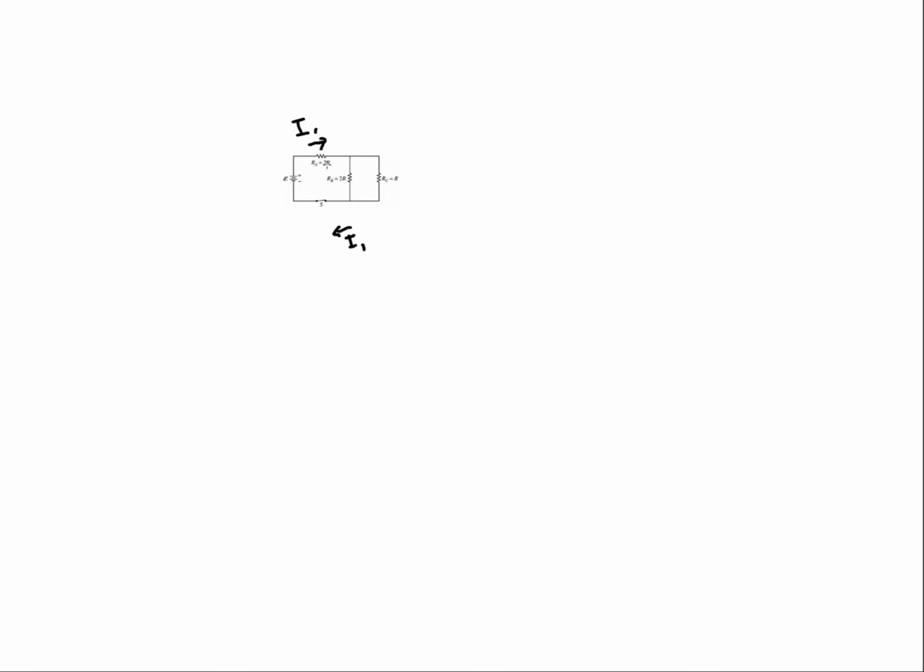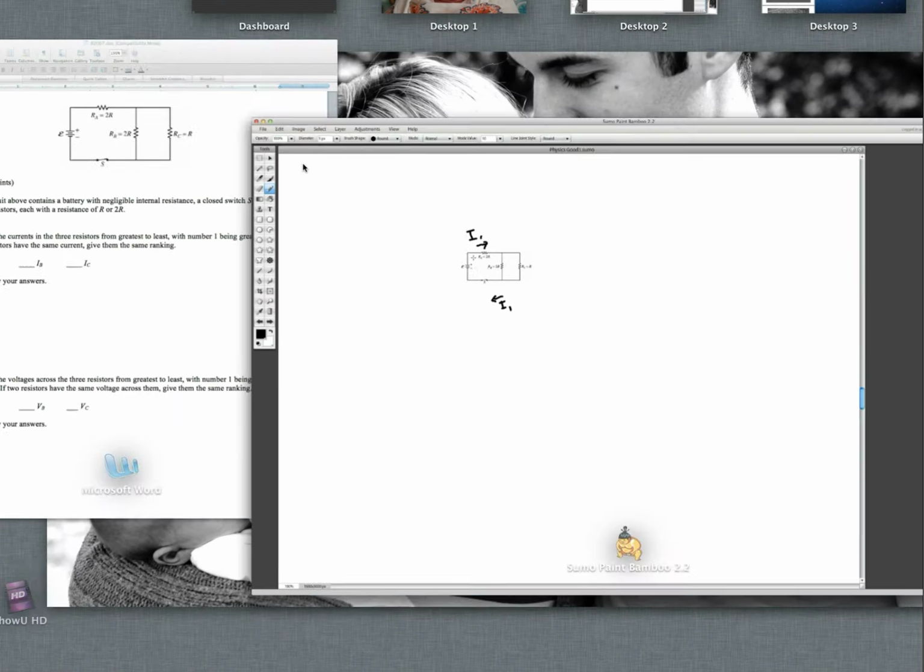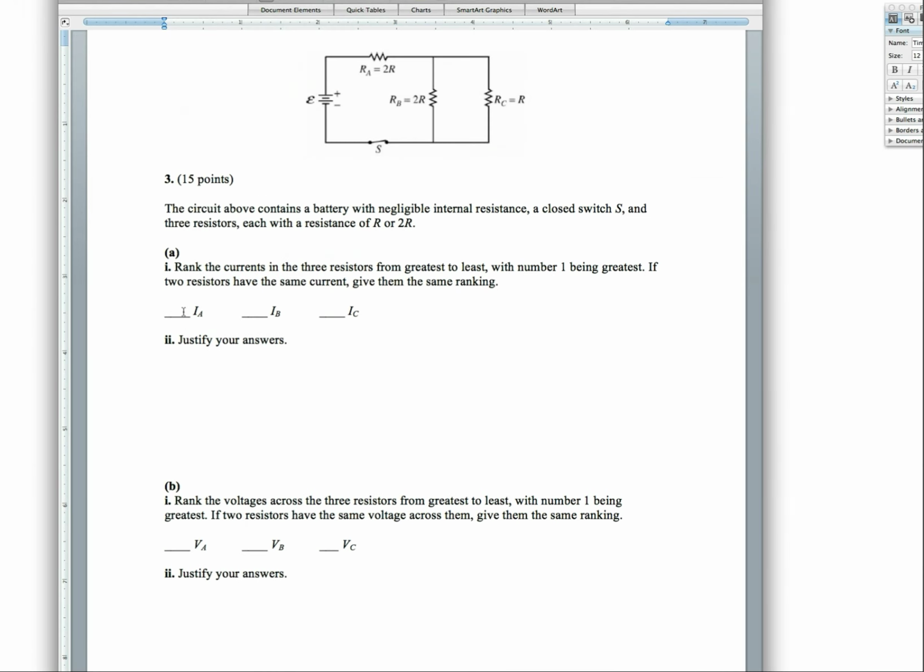If this is the initial current, then that current gets split between these two resistors. So it should be pretty obvious that RA has the greatest current flowing through it. Now, not an exclamation point, but one.